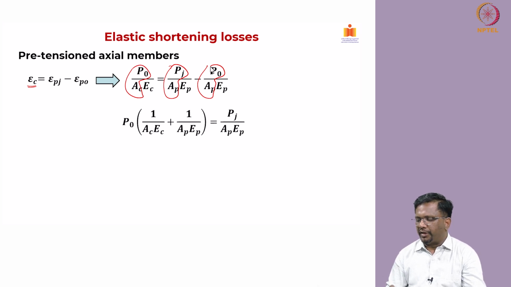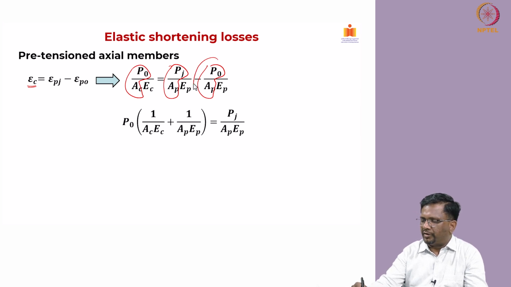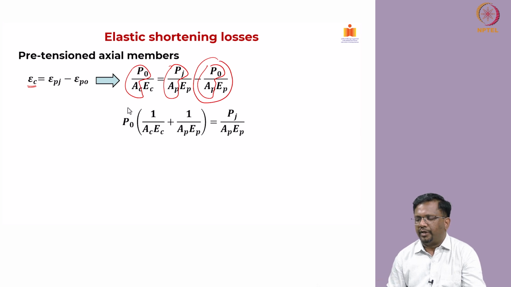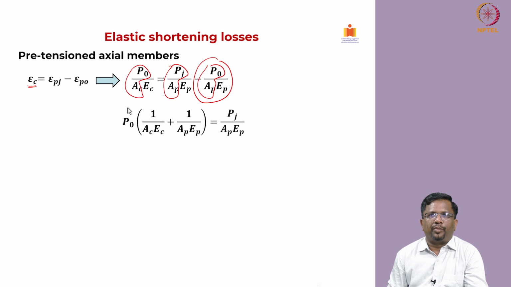Then, with a little bit of rearranging of the terms, if I take the entire P naught term to the left side, P naught can be taken out, and you will have P naught into 1 by AC into EC plus 1 by AP into EP equal to Pj by AP into EP.